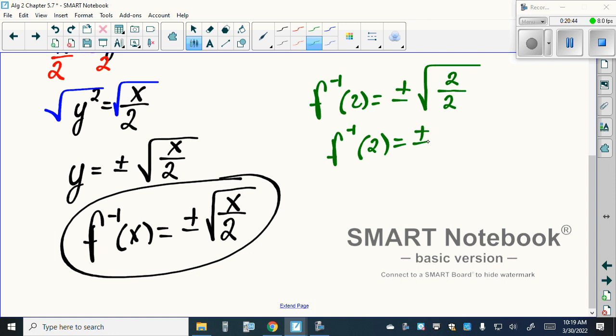What is 2 divided by 2? Square root of 1 is 1. So the value for this here would be plus or minus 1.